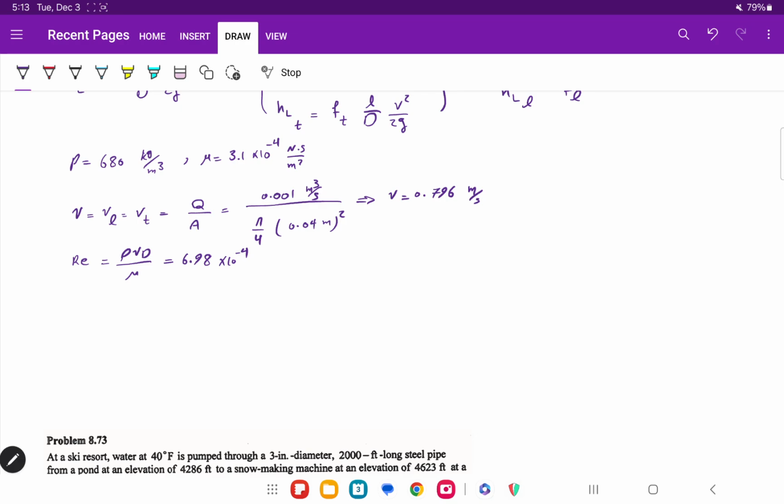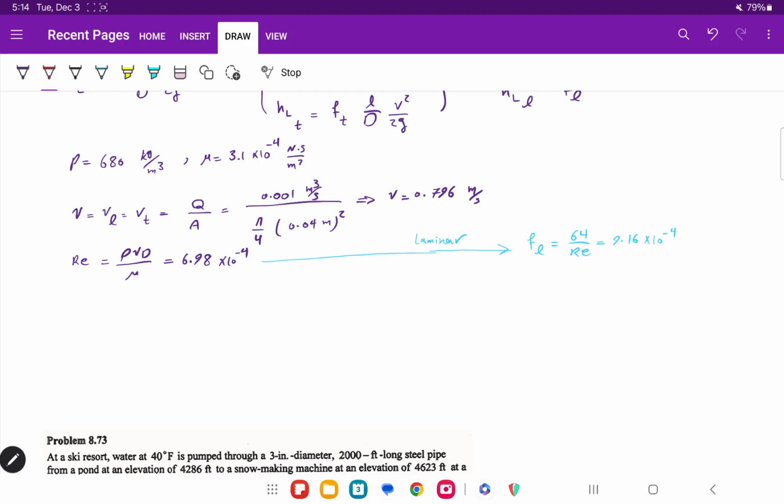So if we have laminar flow, we know that f_L equals 64 over Reynolds number, so you can calculate it. It equals 9.16 × 10^-4.